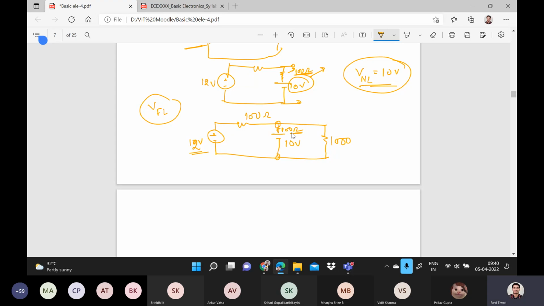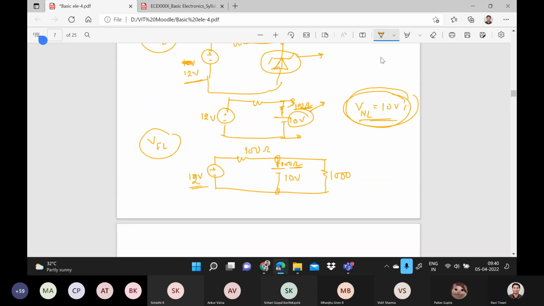So for both the cases, tell me the value. In the case of no load also, tell me the value.